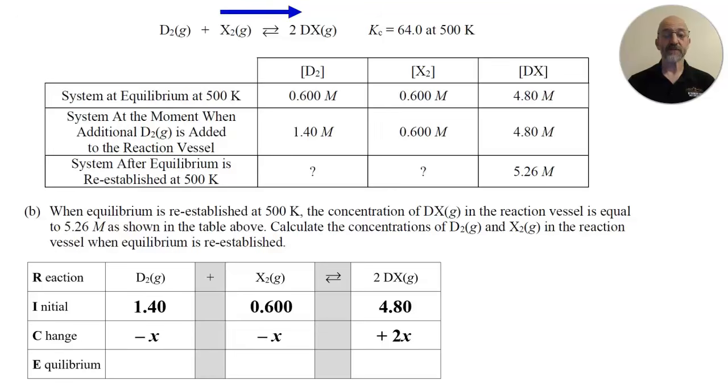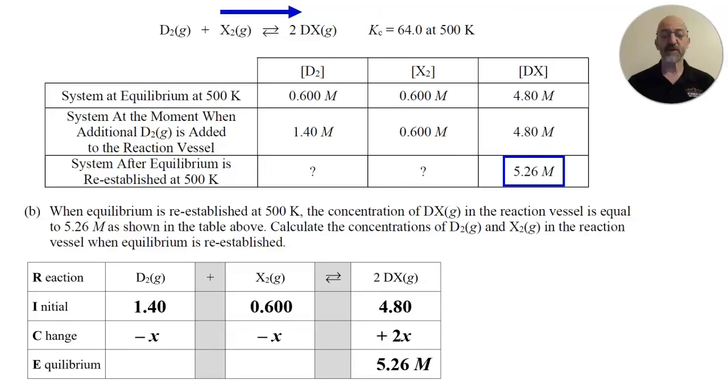Now, at the moment, we do not know the concentration of D2 after equilibrium is reestablished. We also do not know at the moment the concentration of X2 when equilibrium is reestablished. But we do know that when equilibrium is reestablished, the concentration of DX is equal to 5.26 molar. And now that I have both the initial and the equilibrium concentration for DX, I can calculate the change.